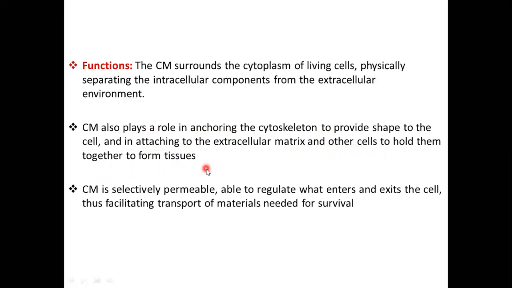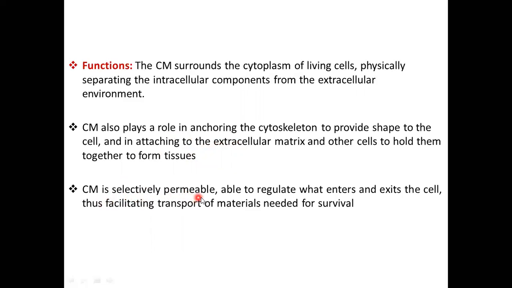So the cytoskeletal system is inside the cell, and the cell membrane plays a role in anchoring that cytoskeleton to provide proper shape to the cell, in attaching to the extracellular matrix, and in holding other cells together to form tissues. So it is also a very important function.